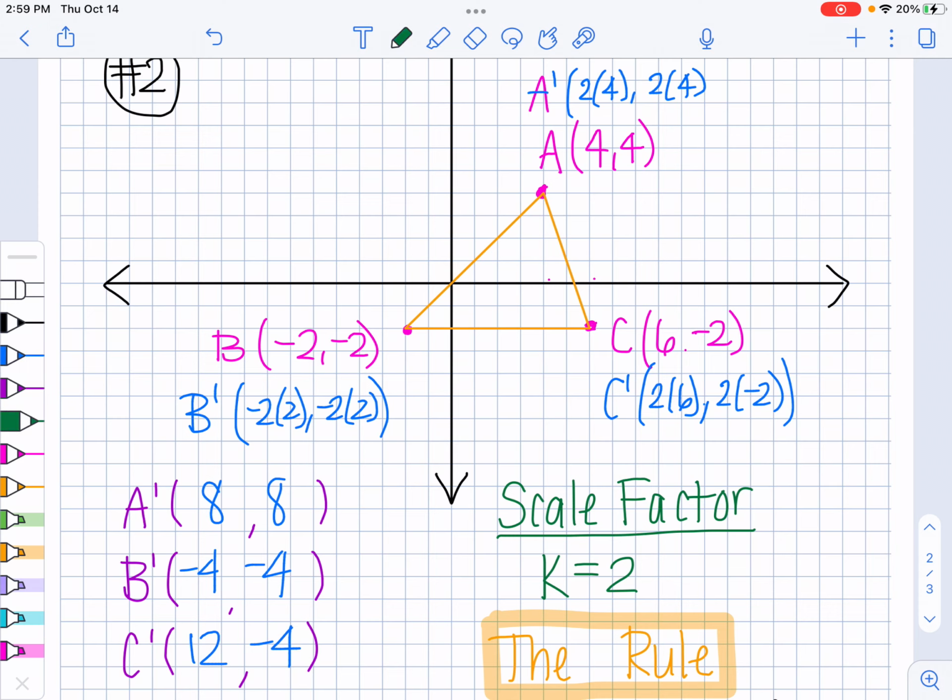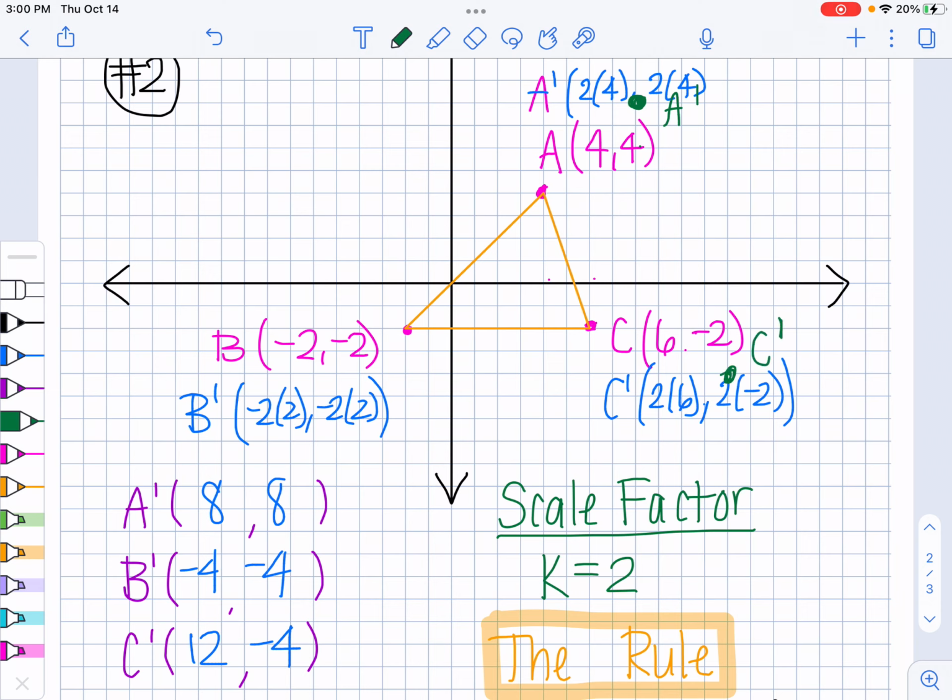I'm going to do this one in green. I'm at 8, 8. Here's my first point, A prime. C prime is going to be 12, so I count over to 12 and down.